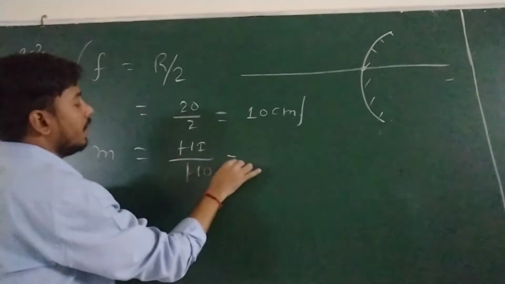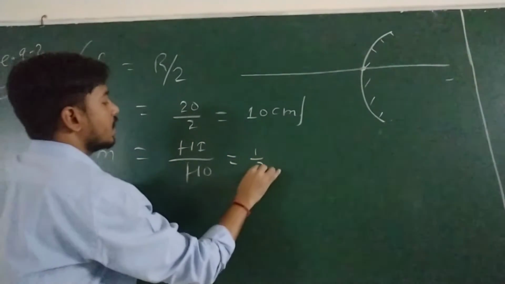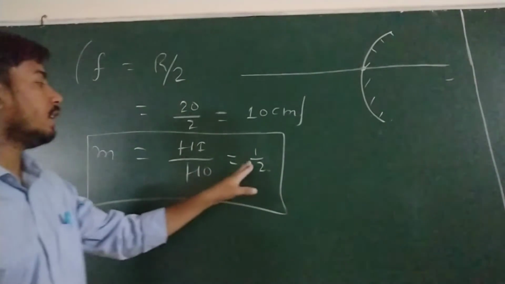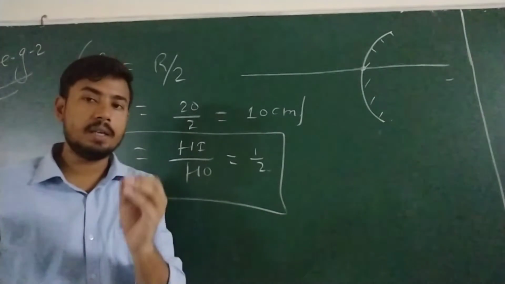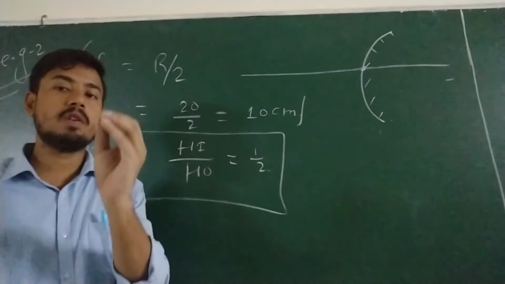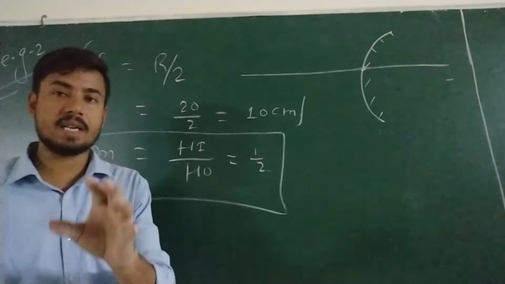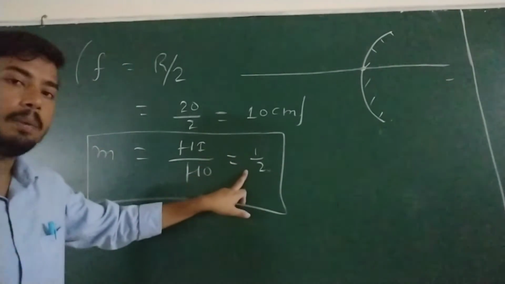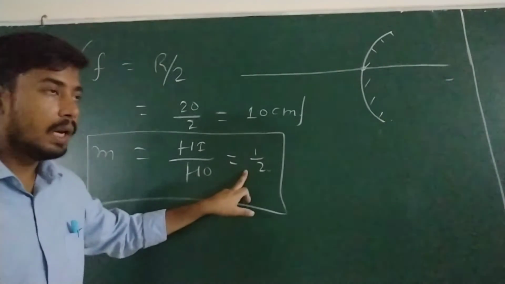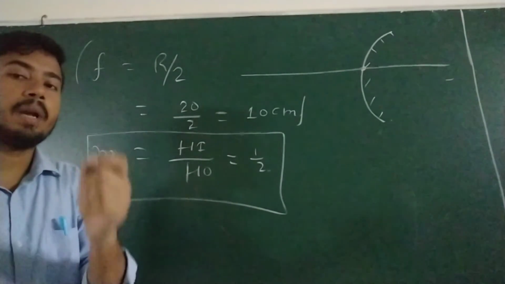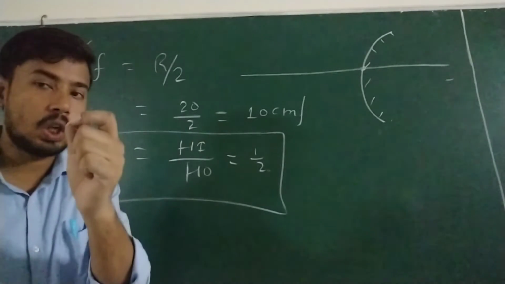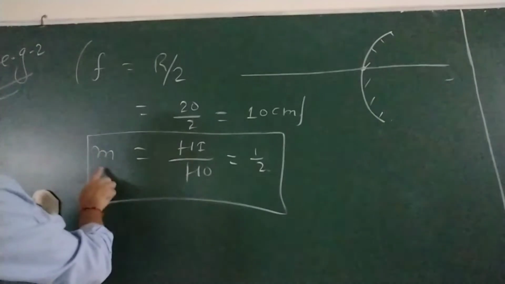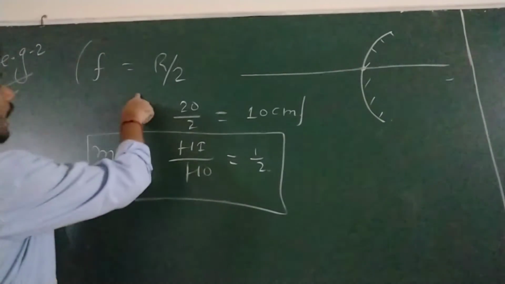Height of image is given half of height of object, so this is coming 1 by 2. Other thing is whether this will be negative sign or positive sign. We know that in convex mirror, image will be always virtual, erect and smaller in size. It means here we have to take only positive sign. Now the third point, we have to calculate position of object. M given and F given.